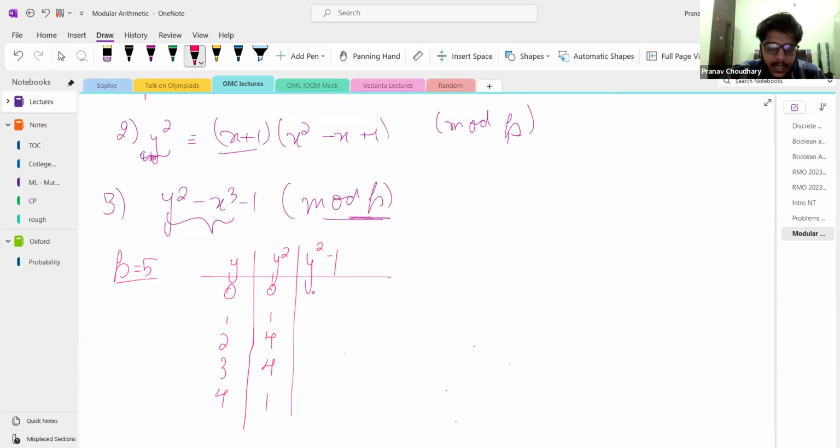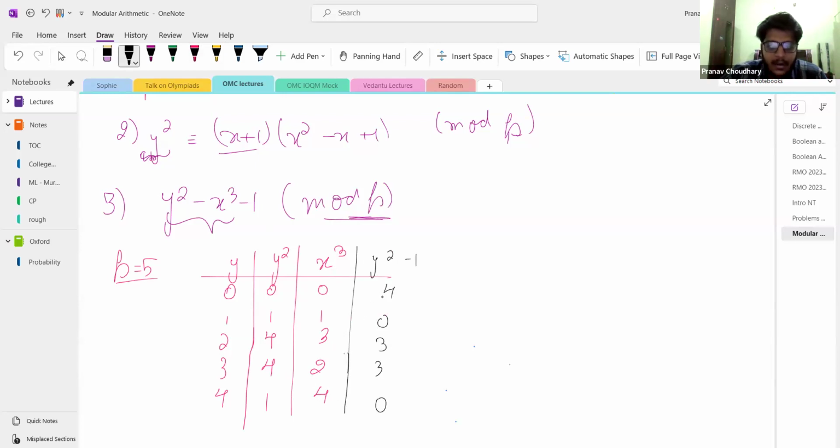Let's not deal with y square minus 1 yet, let's just look at x cube. This can be 0, 1, 4. Cubes are hard: 3, 2, 4.